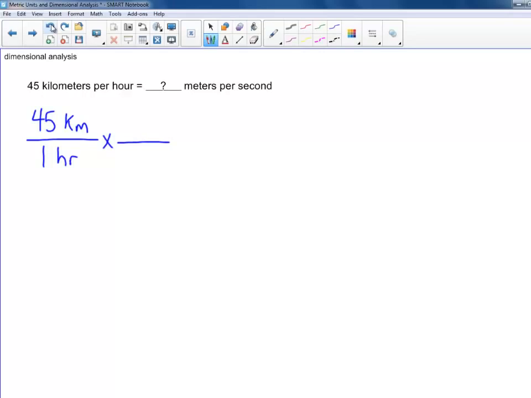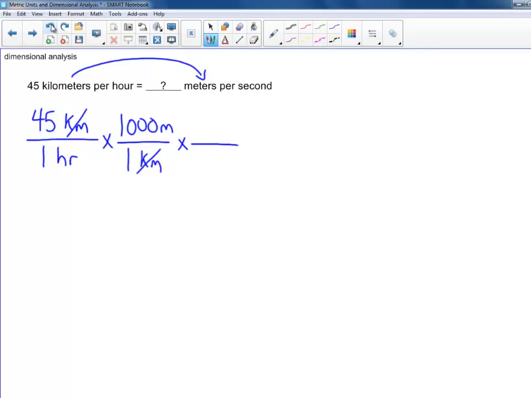And so I've got kilometers and I want to get to meters. And right now I know that 1 kilometer, I'll put it on the bottom so it can cancel, is equal to 1,000 meters. And so meters are the unit I want in the answer, and so I'm done with the distance part. Now I've got hours and I want seconds. And so I've got to use conversions to get from hours over to seconds.